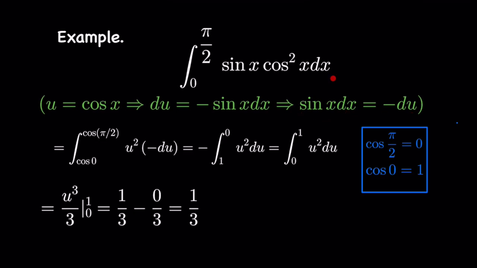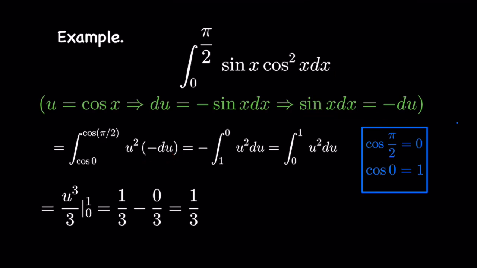Now, I go back and try to write this definite integral, but everything has to be in terms of the new variable u. I've taken cosine to be u, so cosine squared will be replaced by u squared. Sine x dx, using this formula that we found here, is going to be replaced by minus du.